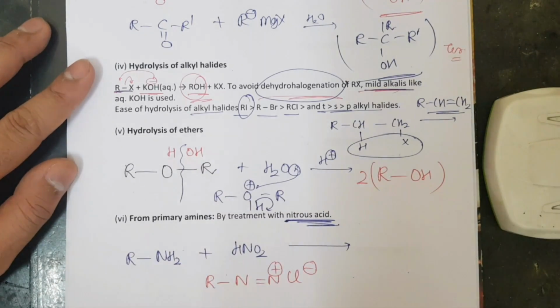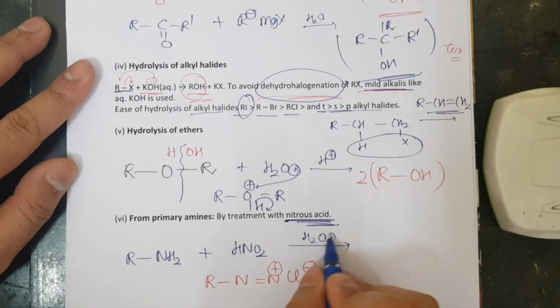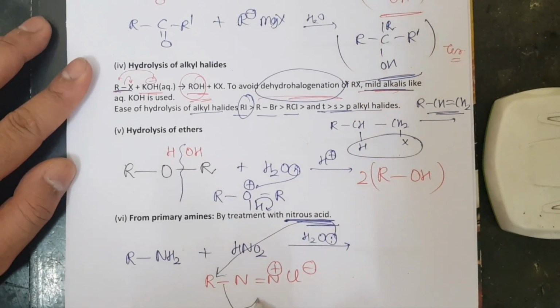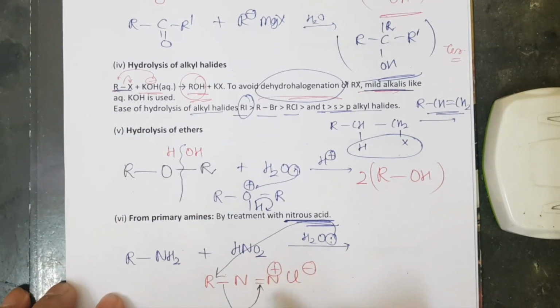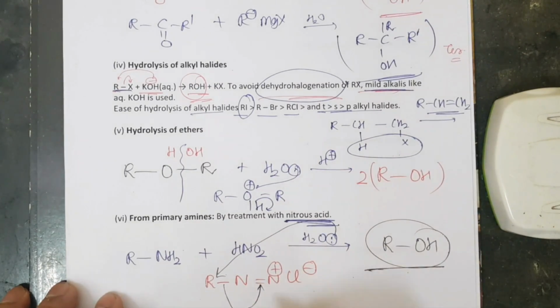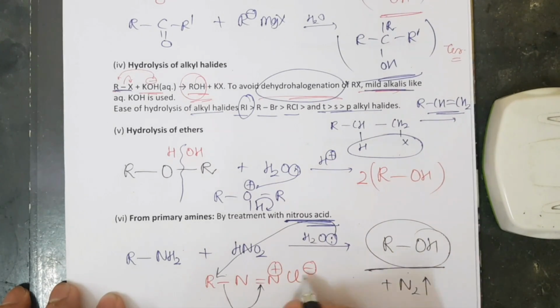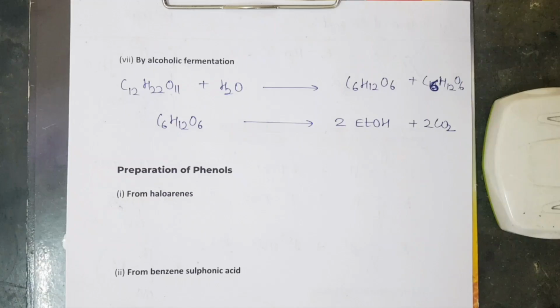Now if I take water also, then this attacks here, this bond moves along here. If I take this bond and place it here, we get the formation of nitrogen gas, which is removed. Here we get the formation of ROH. Nitrogen is removed, one extra H from here, Cl minus gives me the formation of HCl. So you can see that ROH can also be formed from this method.